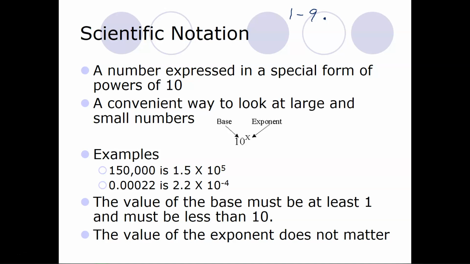There's only ever that one number in front of the decimal. To clarify, you also have to have one number in front of the decimal. We'll get to that in a second.